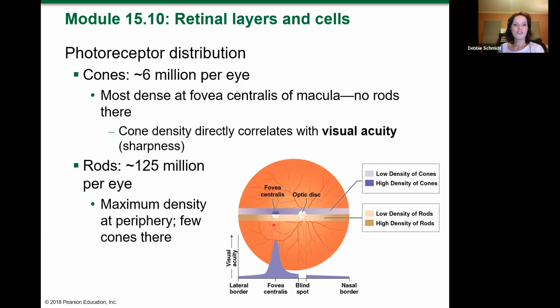This is your area of sharpest vision, here in the fovea centralis. This graph shows that as we move away from the fovea centralis, the density of cones gets less and less as we get further from the direct path of light, but the rods become more and more dense. Then we have the optic disc where there are no receptors at all, and that is our blind spot.